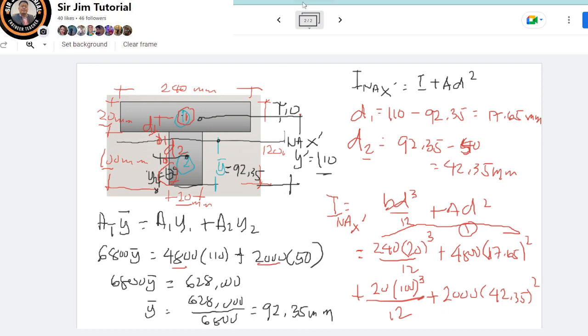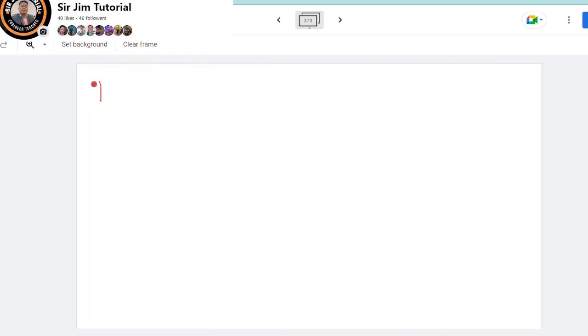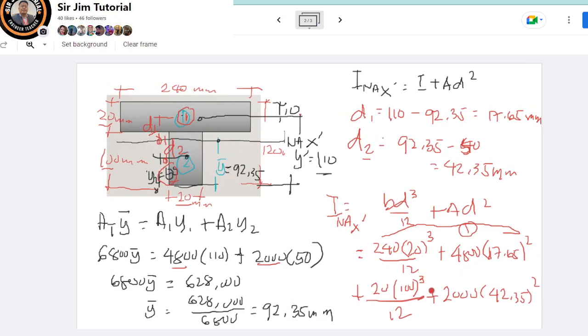So I can be calculated. This is equal to 6,909,019.67 millimeter to the power 4. If you calculate this one by one, you can have this value.